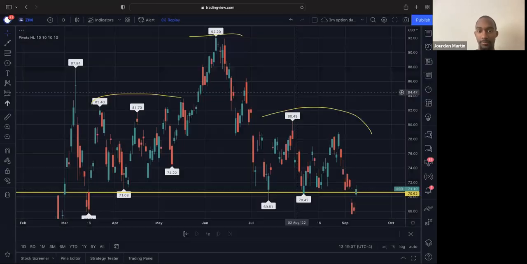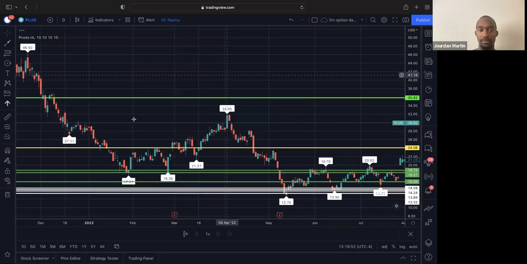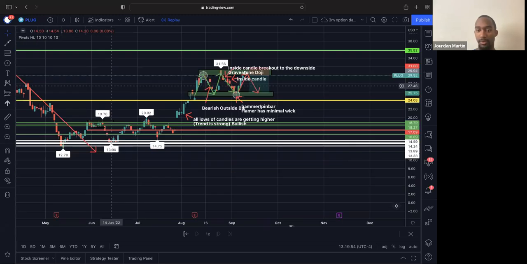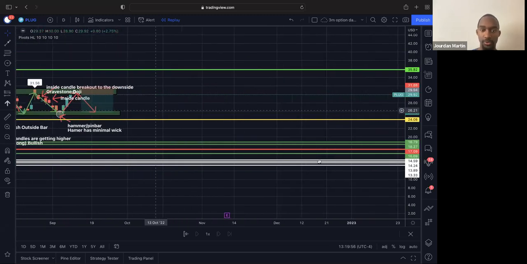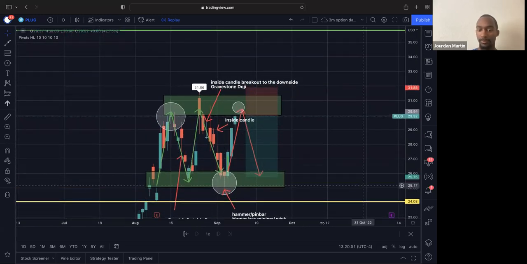We look at ZIM, see this shoulder, this head, this shoulder, right? Or you can look at these shoulders right here. All right, so you see the big difference between the gap between the head and the shoulder, whereas on plug, that shoulder peak would be too close to the head. All right.